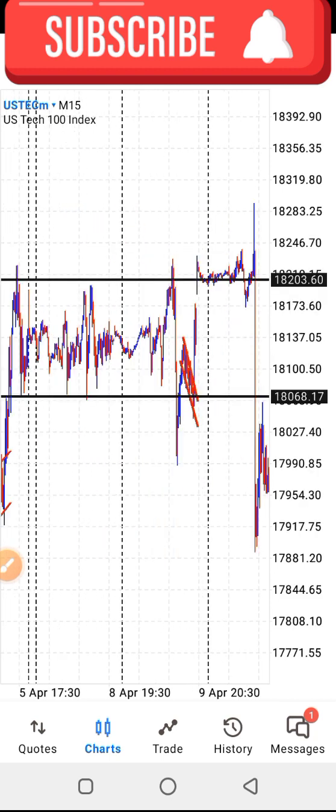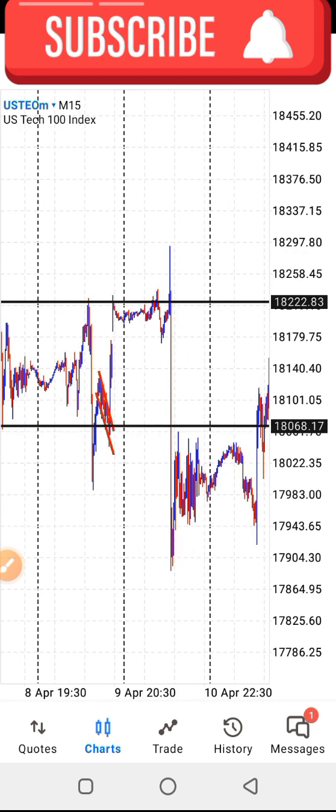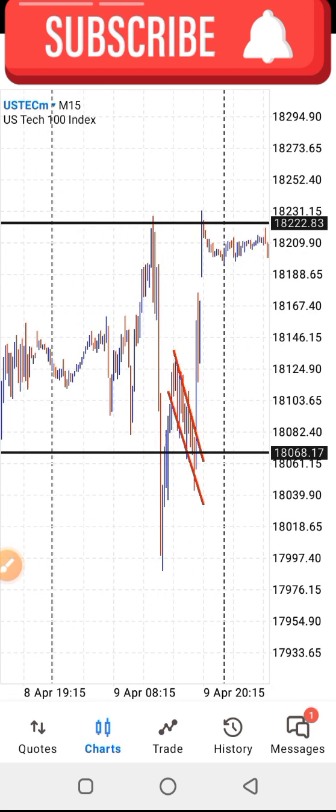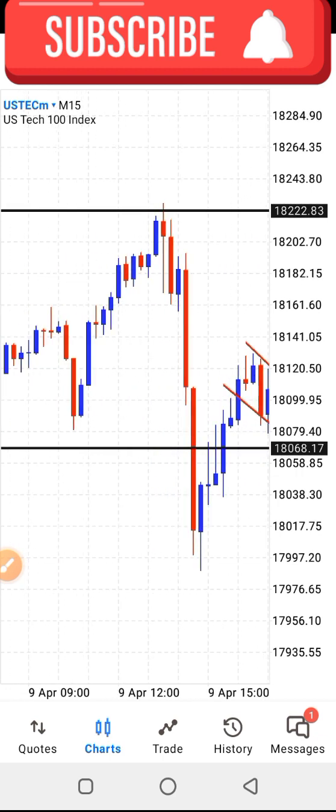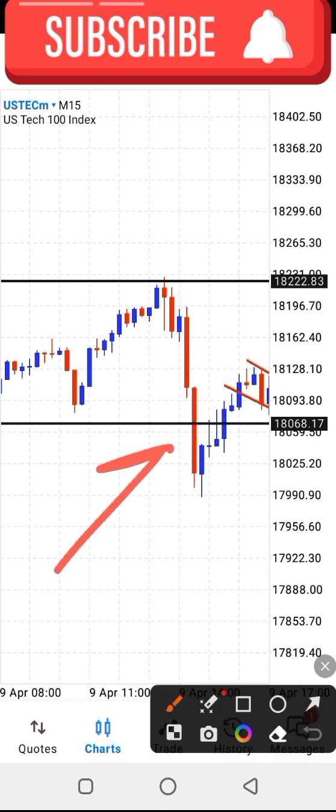Let me move this up, because it's up to this point. That's the horizontal channel, but it didn't really break in any direction. Okay, it broke below. It broke below right here.